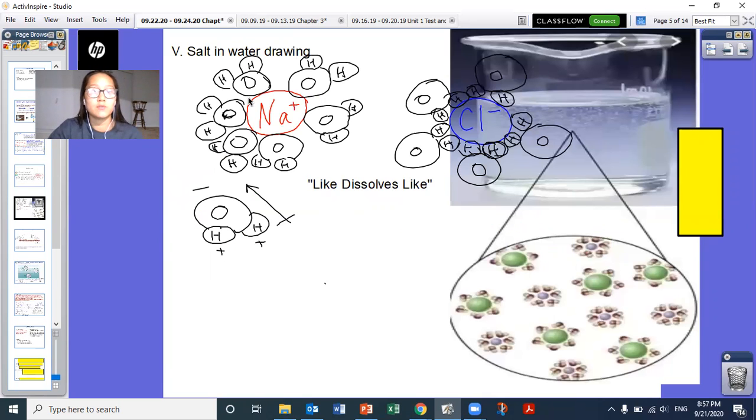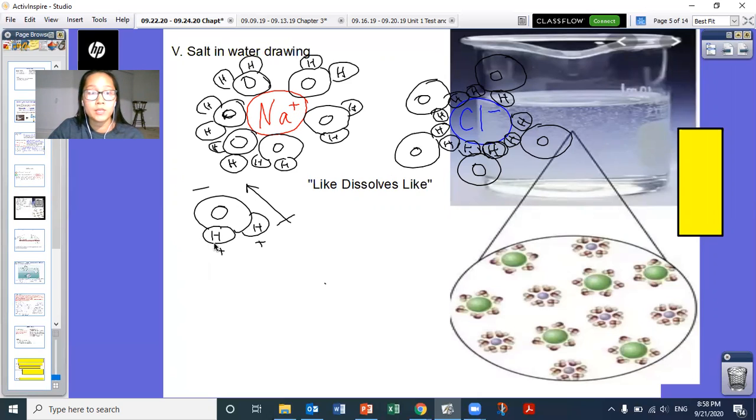So here's a picture of what I was saying. So salt in the water is split into the Na positive ion and the Cl negative ion. Now, like I said, the O's are the negative side of the water molecule. So they are going to be the ones that are attracted and touching the Na or the positive part of the salt.